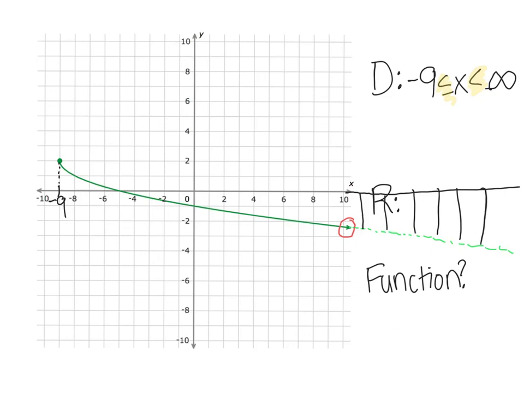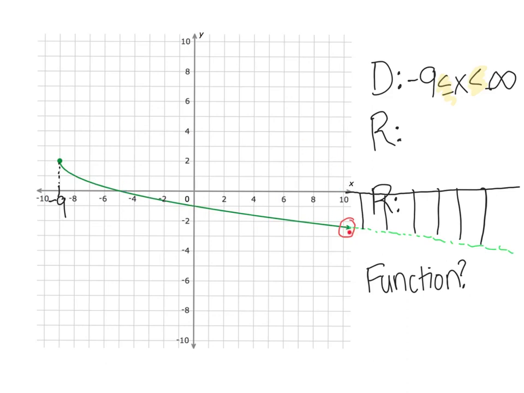Anyway, let's move on now to the range. I'm going to move it up here since my graph kind of got in the way. So range is y. That means we're only going to look at the y values. First we start off with the smallest y. Remember, as we go down, the y gets smaller and smaller. So what is the furthest down that we go on the y-axis? The lowest point on the graph is here.